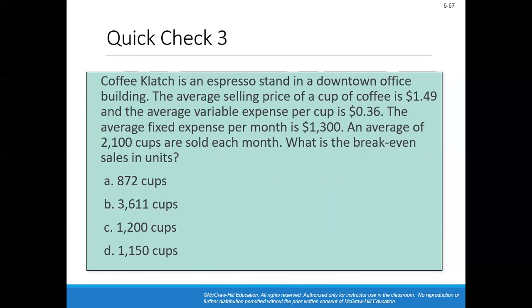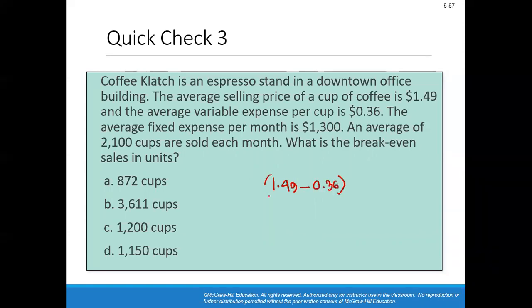Next, to check that you have learned it well: what's the break-even sales in units? The same scenario, but now we would like to know the break-even in terms of units. Here you will use the contribution margin, not the ratio. We know the contribution margin here is 1.49 minus 0.36.